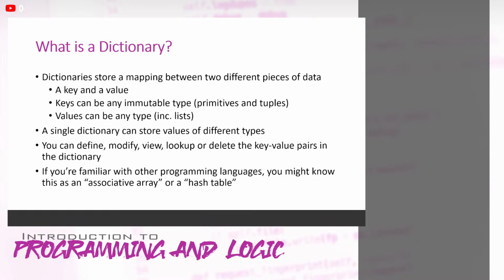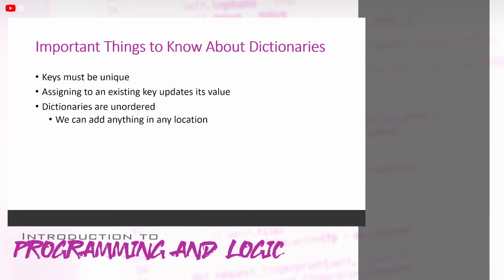Just to remind ourselves of the big important things we want to know about when we are learning about dictionaries: one, a key must be unique. We want to make sure that we have a different key for every item in our dictionary, just like a different key would open every lock. If you had one key that would open every lock, that's not very good.